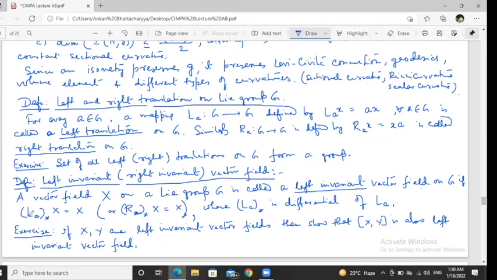That means it remains invariant. If X and Y are left invariant vector fields, then the Lie bracket [X,Y] is also a left invariant vector field. You can easily show it. It is an exercise for you.